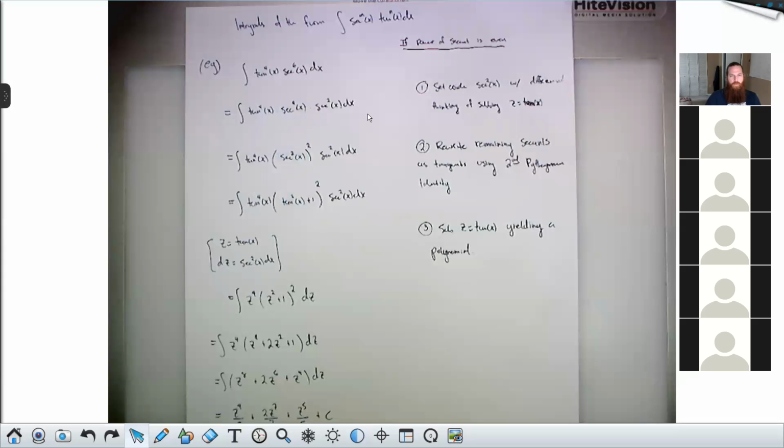So you set 2 secants off to the side, rewrite everything else as tangents, and then substitute for tangent. That will always give you a polynomial. We know how to integrate all polynomials. You see how this is similar to the case where the power of sine is odd, or where the power of cosine is odd. You can grab one, set it to the side, rewrite everything else using Pythagorean identities, and then substitute and get a polynomial.